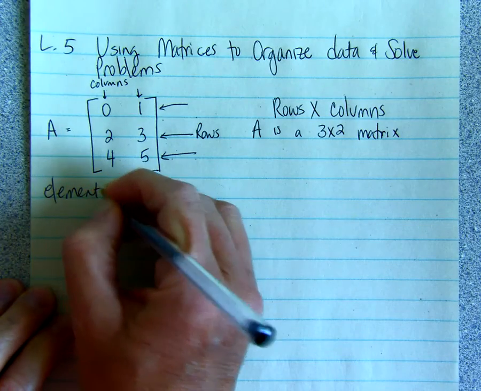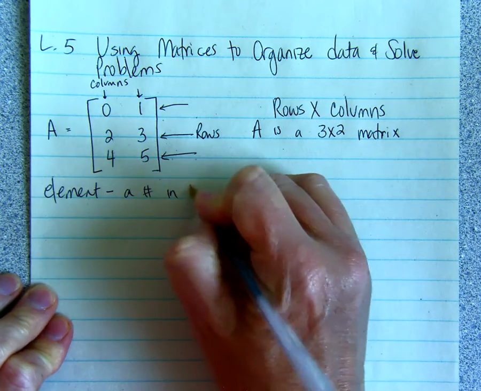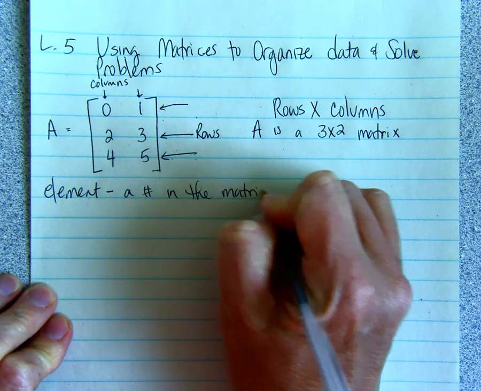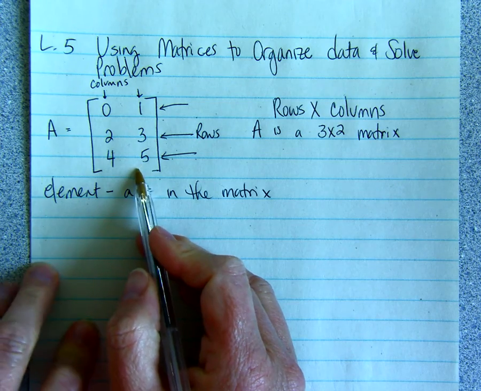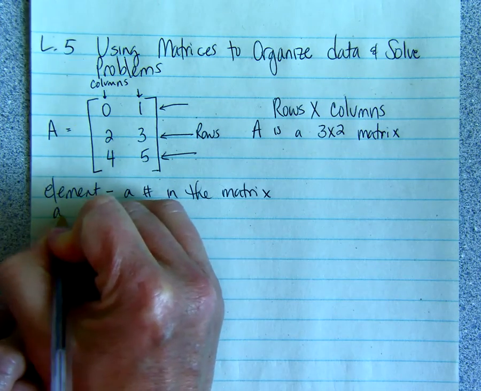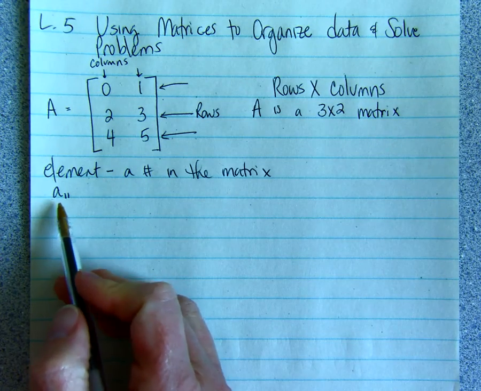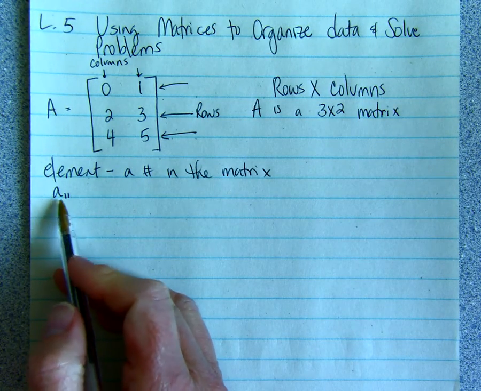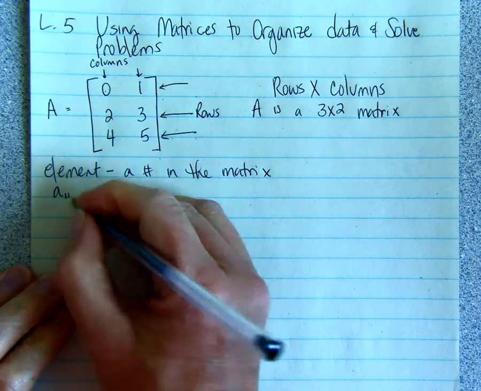An element is just a number in the matrix. So 5 is an element in the matrix. Now if we wrote A sub 1,1, this means the number in the first row, first column. First row, first column is 0.